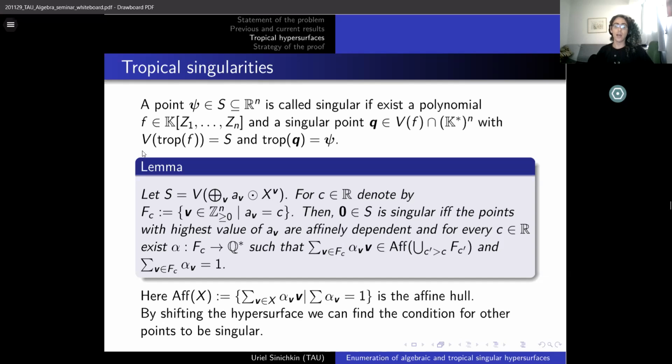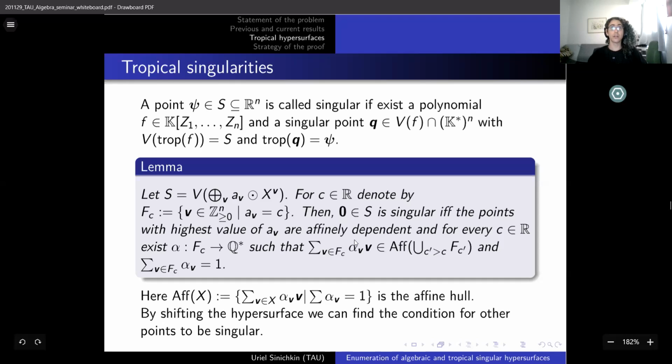Namely the following. If I have a tropical hypersurface S defined by some tropical polynomial, for some real number C, which will be the height, I denote by F_C all the exponents where the coefficient of the tropical polynomial is exactly equal to C. Then the point 0, where all the coordinates are 0, is in S and singular, so it's a singular point of S, if and only if two conditions hold. First, the points with the highest coefficient are affinely dependent.